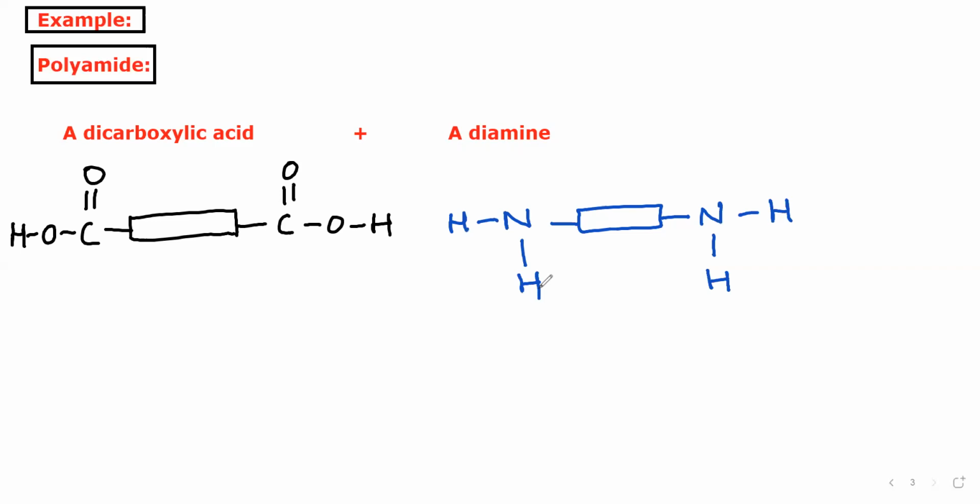So now what will happen? Similarly, like in polyester, we had OH from carboxylic acid. So all the OH of the carboxylic acid, and H from where? H from the amine. In polyester, we had OH from carboxylic and H from alcohol. It made water. Now here, this H is coming from the diamine group. So now let's bring it down and see what is going to be made.